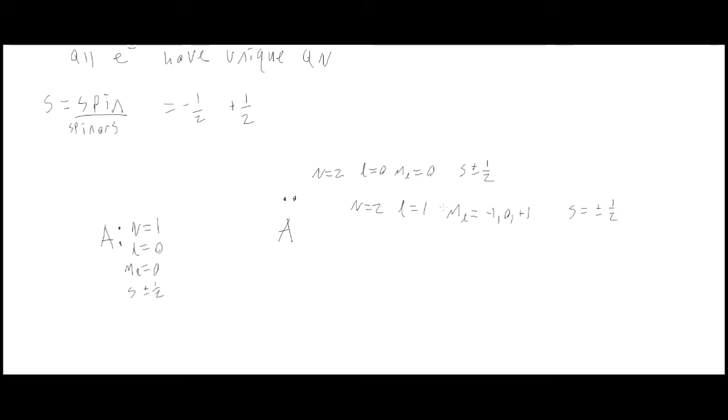So this means we have 1, 2, 3 different shapes, or different orientations of the L equals 1 shape, but then we multiply that by 2 because we can have 2 different spins for each of them, and so we end up with these 3 extra pairs. And it's important to think about these electrons as pairs as well, where one of them is the plus 1/2 and one of them is the minus 1/2.